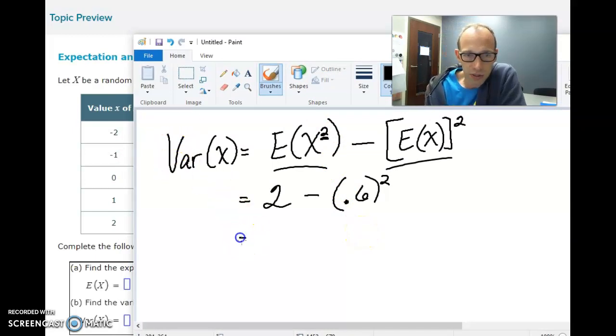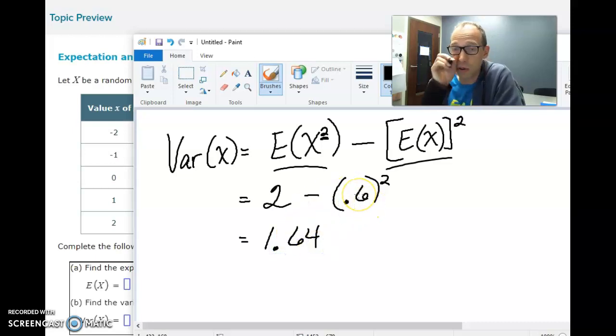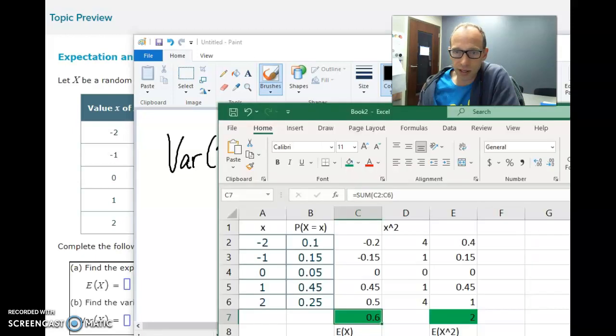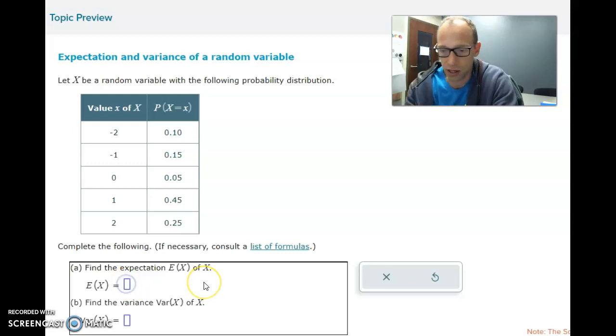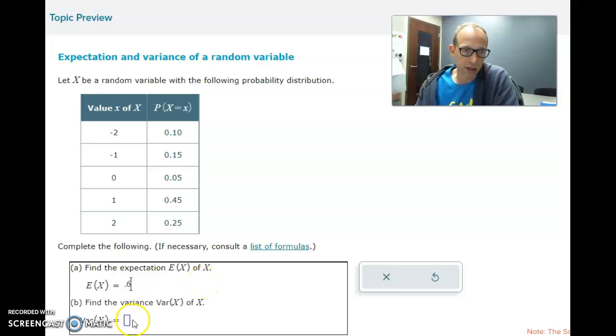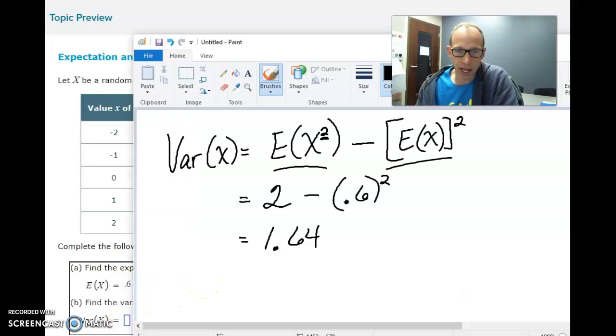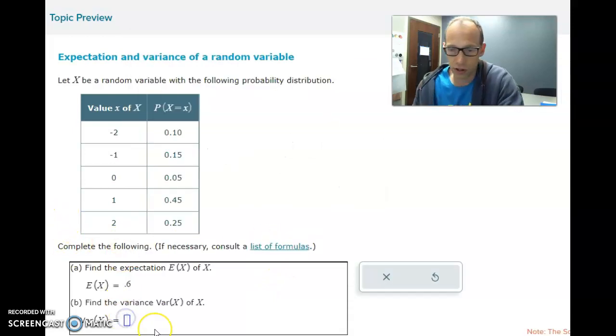So this is going to be 2 minus 0.36, which is 1.64. And of course, you can do that in Excel or on a calculator, whatever works better for you. But that's going to be your variance of x. So our expected value of x was 0.6, and our variance of x was 1.64.